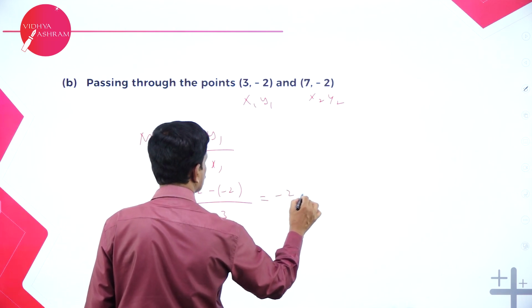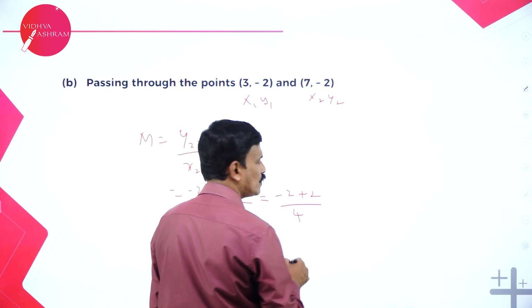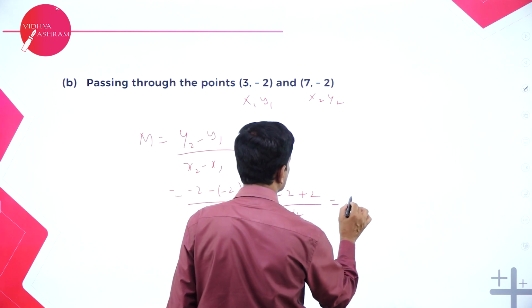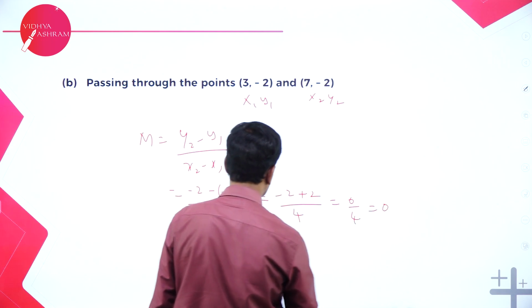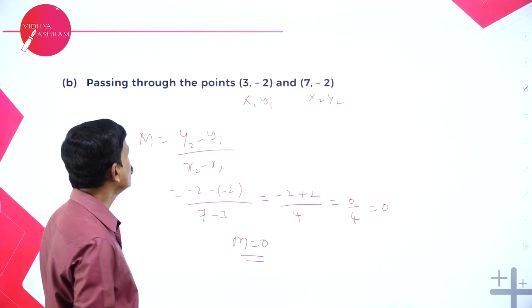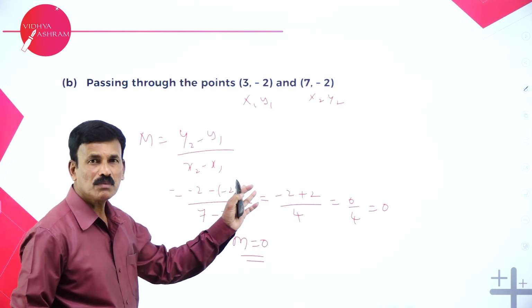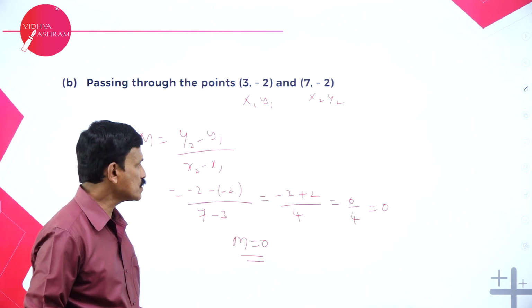That's minus 4 minus of minus 2, which is plus 2, divided by 7 minus 3, which is 4. Minus 4 plus 2 is minus 2 divided by 4, which is minus 1 by 2.